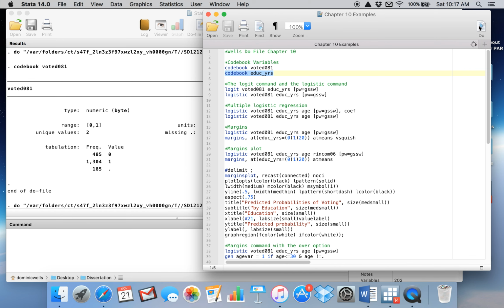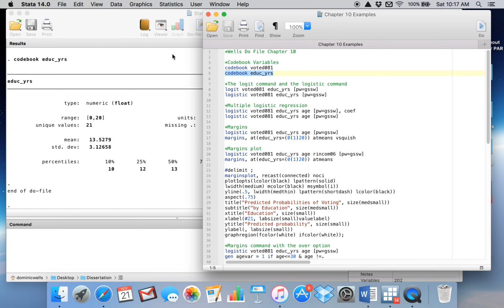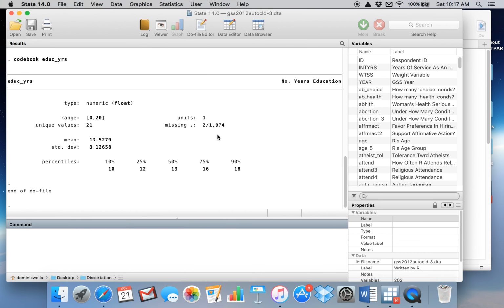I'll show you that one too. So here you can see our range is 0 to 20. We have 21 unique values. Our mean education is 13.5, so that would be graduating high school plus a year and a half of college.